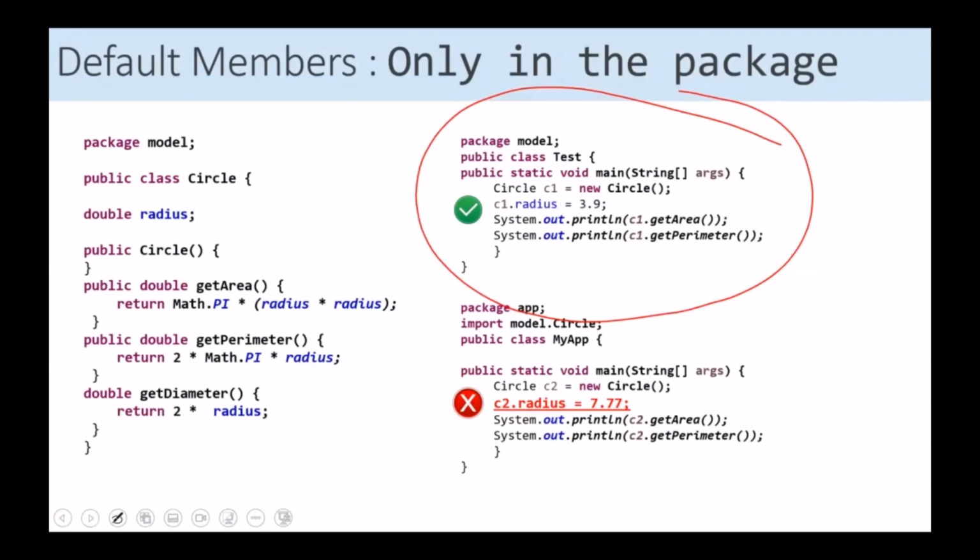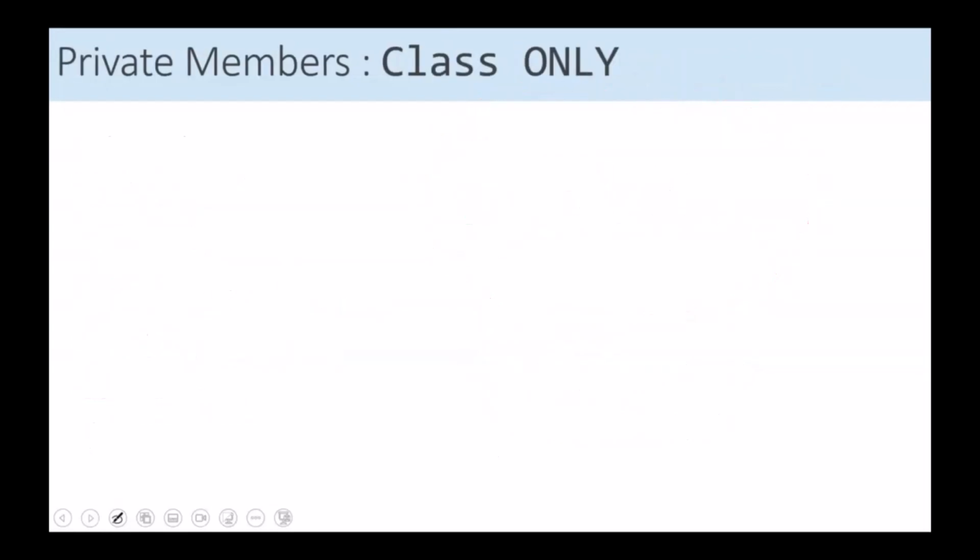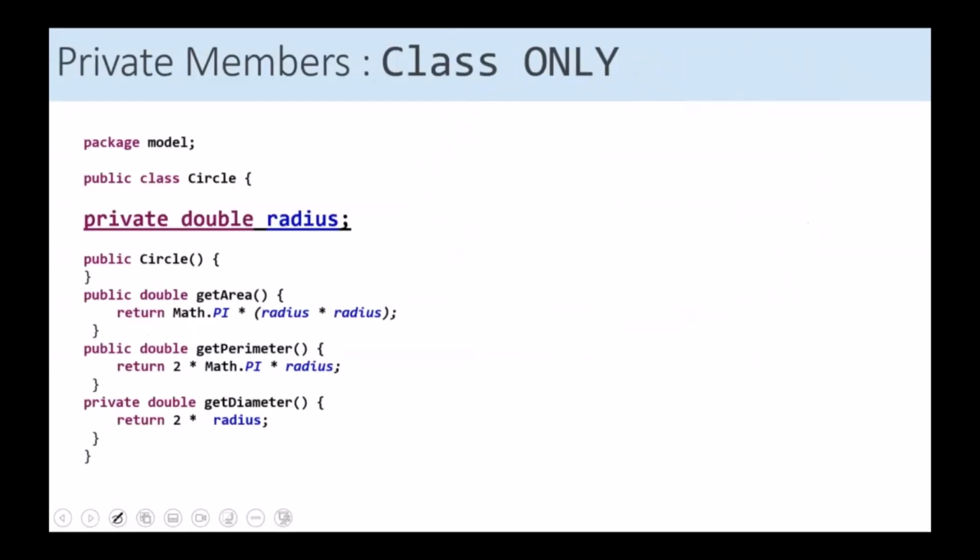Why? Radius is a data member in a class in another package, and it's not public, so it is not visible. Only public methods and variables are visible to any other class outside the package. Does that make sense?